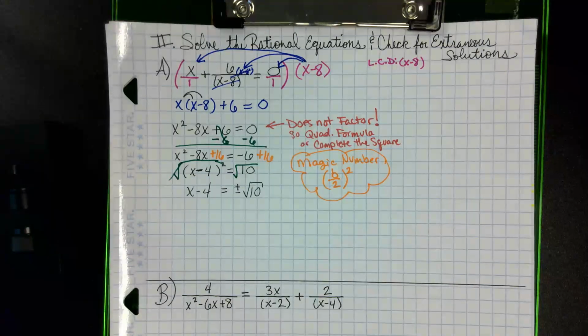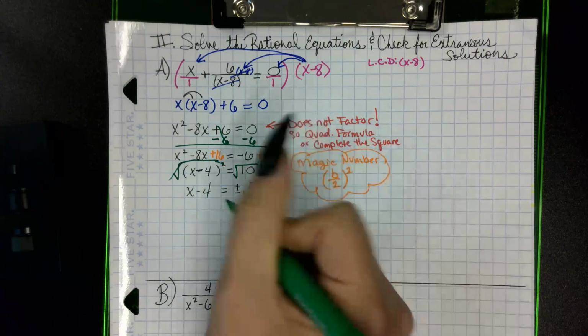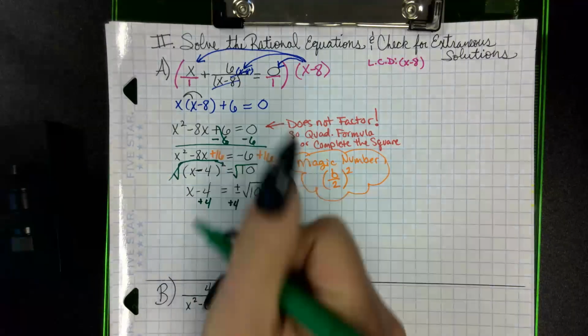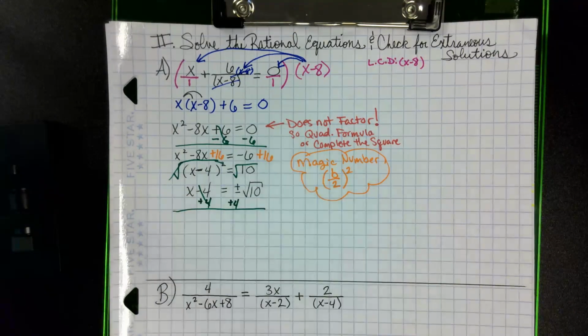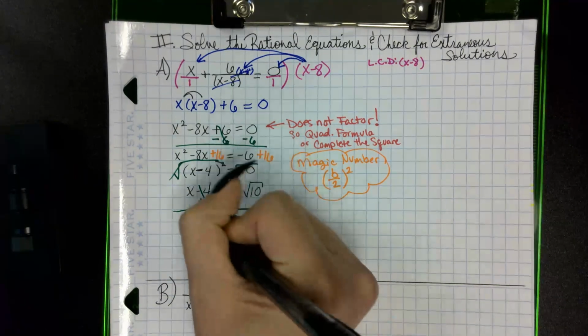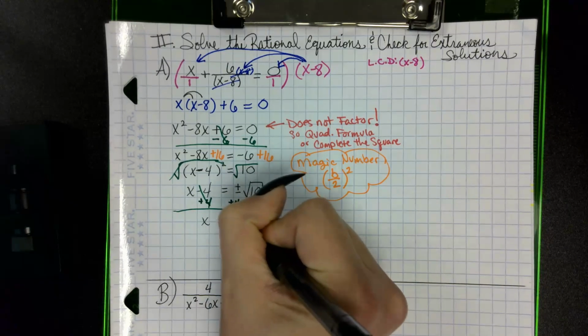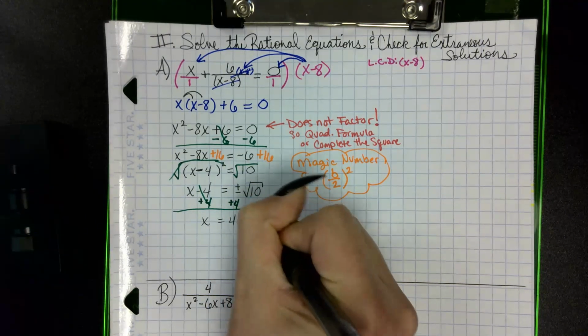It's not a perfect square. Make sure you do plus or minus. Then we move over the 4. So that cancels. So now we have x equals 4 plus or minus the square root of 10.